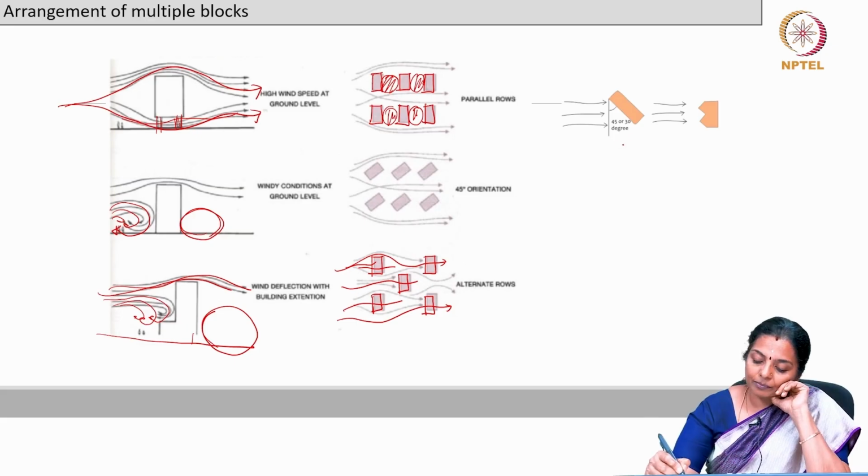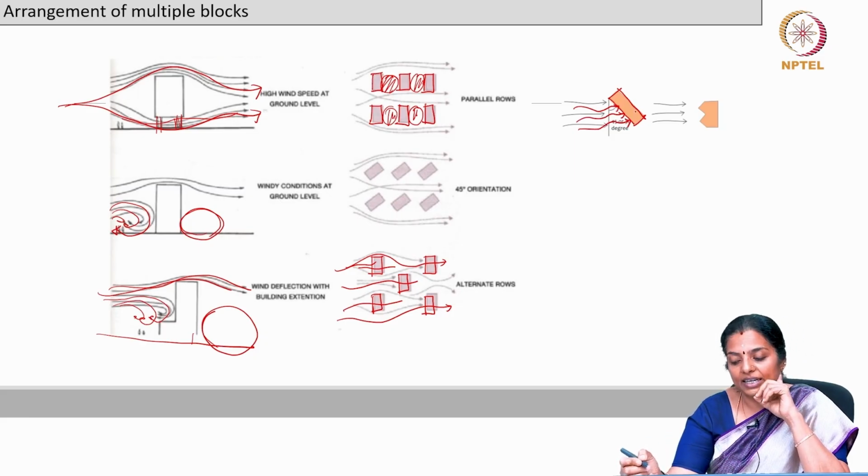It is seen that it is best to orient a block between 45 to 30 degrees of the primary prevalent wind direction. So, a tilt of 45 to 30 is considered best to enhance indoor air movement inside the building.